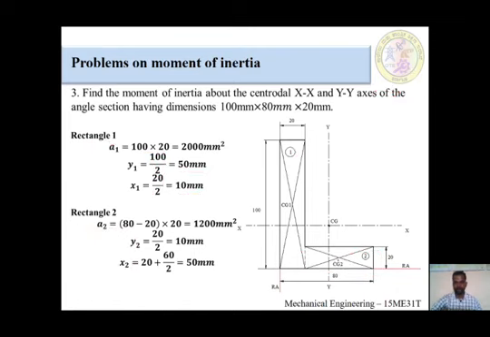After this, we take the second component outside like this. This is 60 and this is 20, because the total distance is 80 millimeter. From here to here the distance is 20 millimeter, and this part only we have to take. For that reason, 80 minus 20 is equal to 60, and this part is 20.